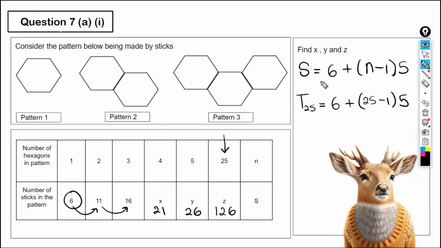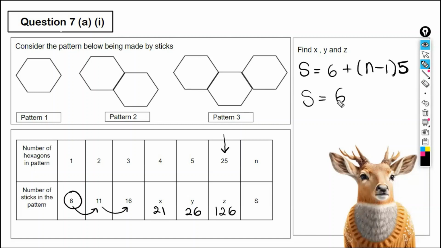And all they want us to do is get a general formula, right? All they want us to do is write a simplified formula relating S and n.